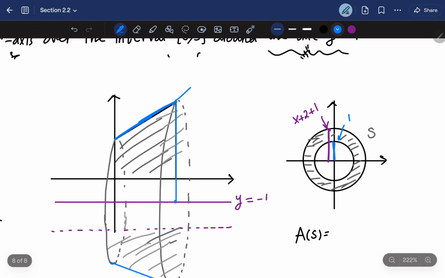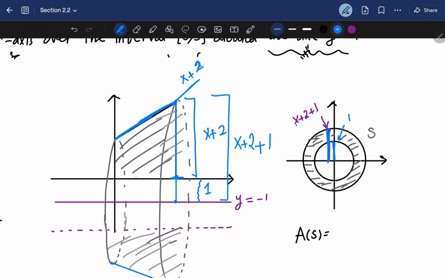So yes, it did cross my function x plus 2. But x plus 2 is only the distance from the x-axis up to x plus 2. But I have an extra distance here, which is 1, because we always take distances as positive. So the radius for the big circle is x plus 2 plus 1.